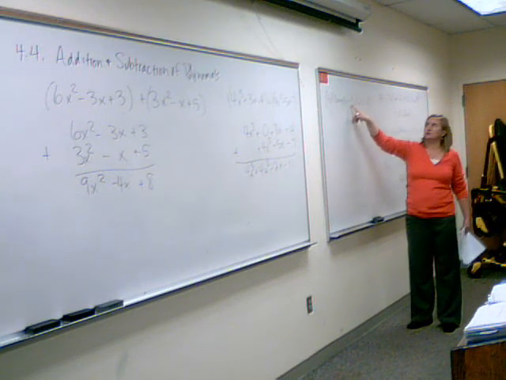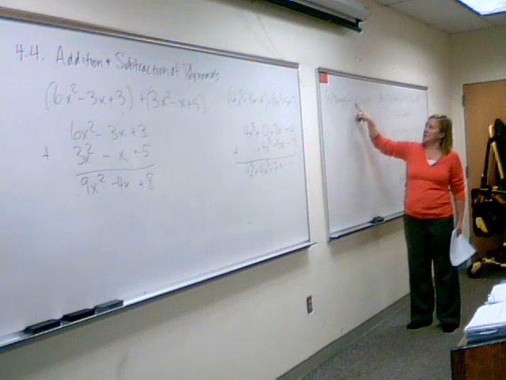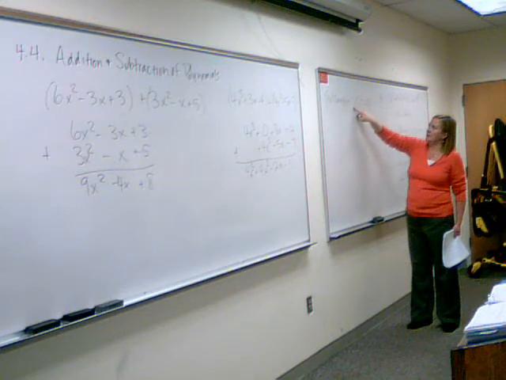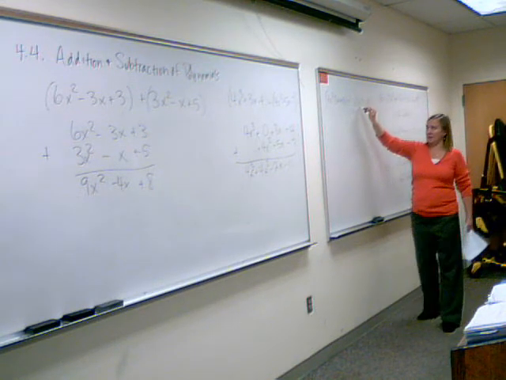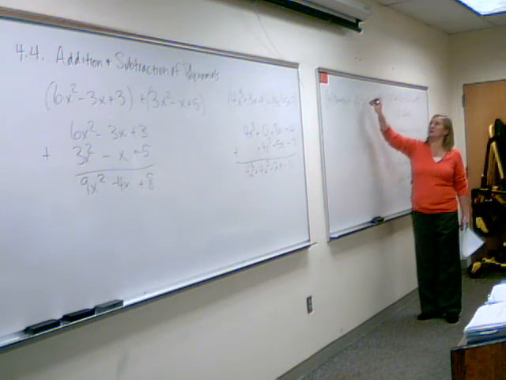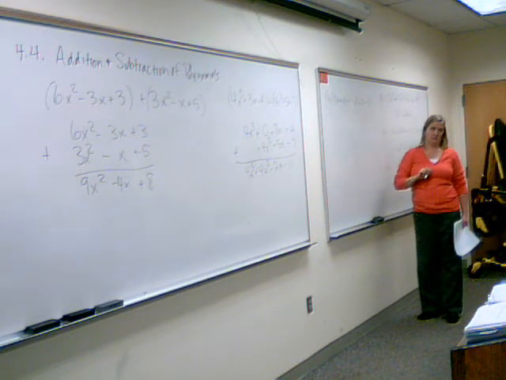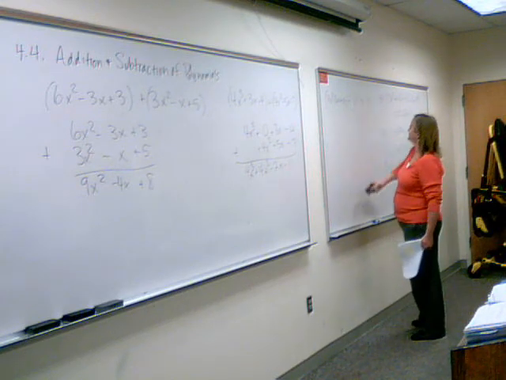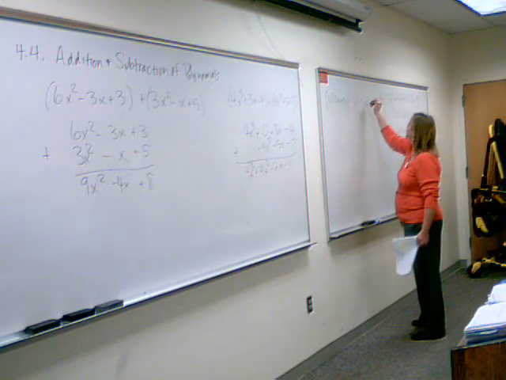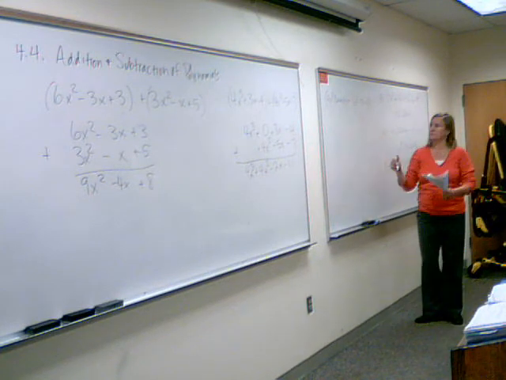That really screws a lot of students up. So instead of x squared, it's going to be negative x squared. A negative and a negative makes this one positive, and it makes this one negative. Right? I'm going to go back and redo this.